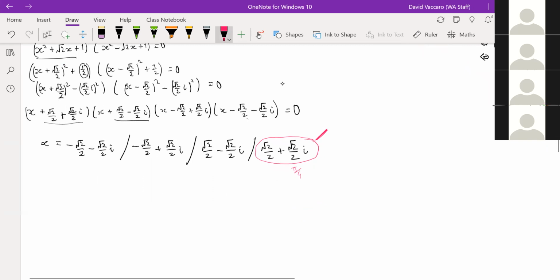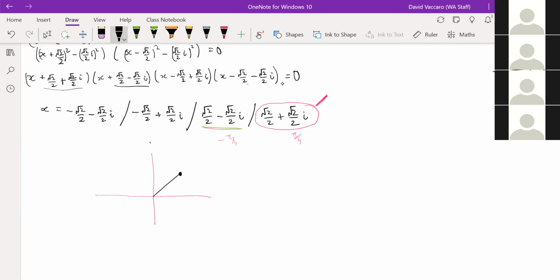This one is the complex conjugate. So this one here is the complex conjugate of the first one, so it's got argument negative pi by 4. And then the other two are what you get when you reflect those two roots, when you flip the real part.